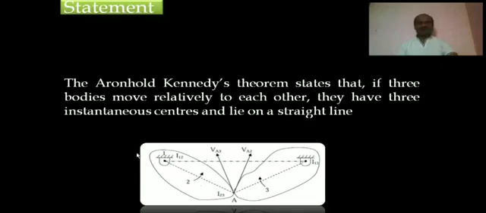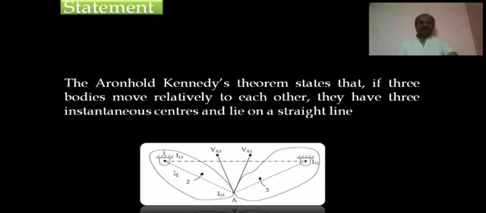Here the diagram is showing three different linkages. These two rigid bodies are fixed over here to a fixed link, and these two rigid bodies are moving relative to the fixed body.